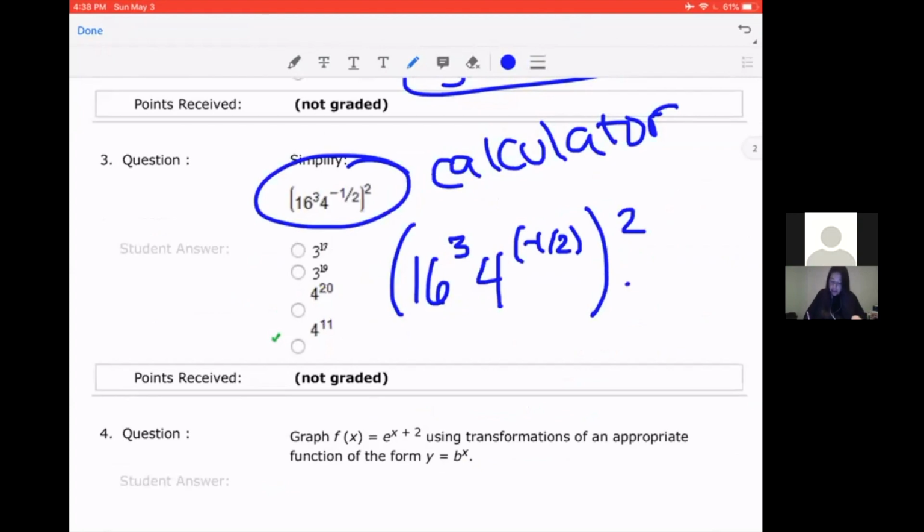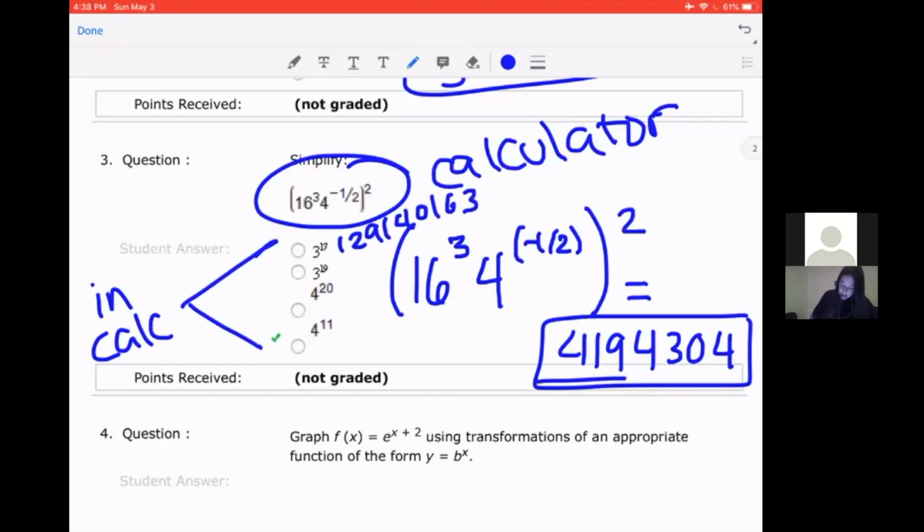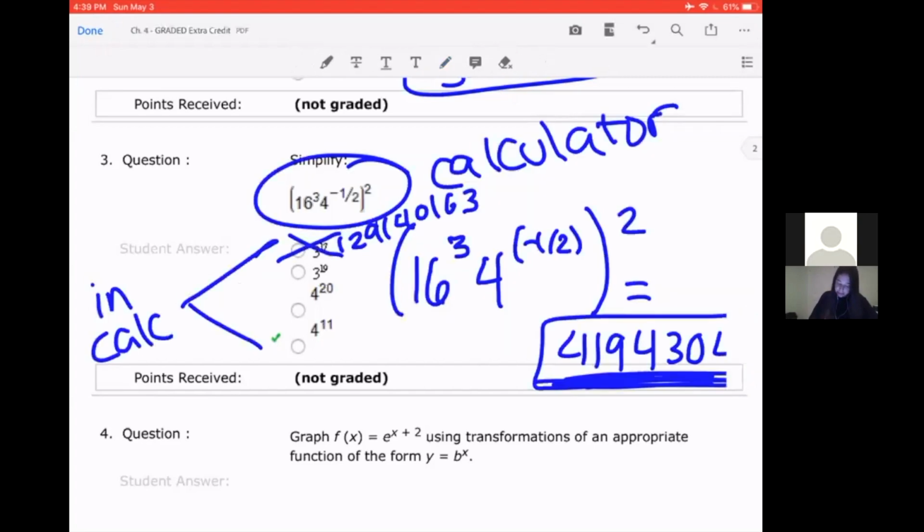Now, if you put all of that into the calculator, you're gonna end up with this number, 4194304. Obviously, that's not any of your answers. So you put all your answers into the calculator as well, okay? 3 to the power of 17 gives me 129140163. So obviously that's not the same as the answer I'm looking for, so I can cross it out. So you just kind of keep working your way down through that, okay?